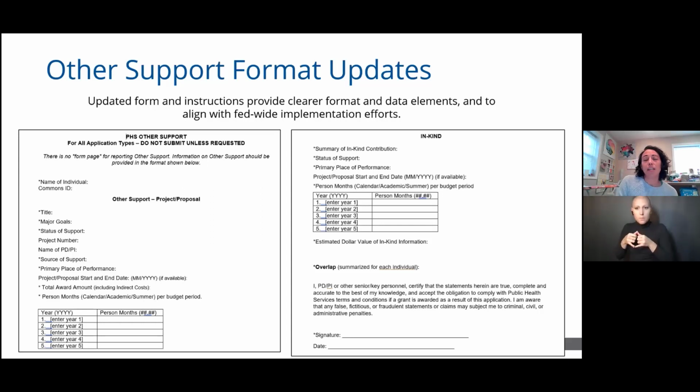If you're an individual submitting other support who is the PI on a subaward, only the subaward amount that PI has needs to be included on the other support. But that would be submitted to the prime, and the prime still reports on the total. Mm-hmm. That's the key. It's whatever is at the prime, including the sub.